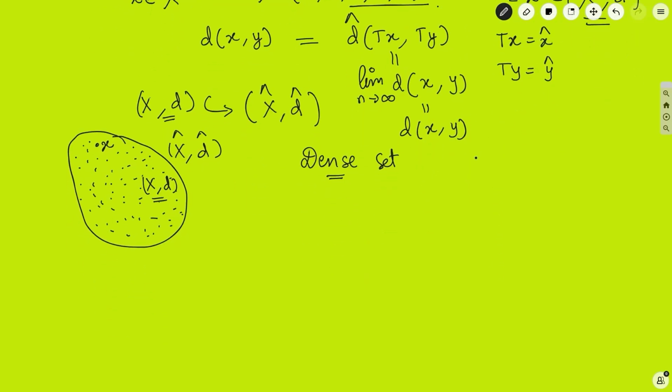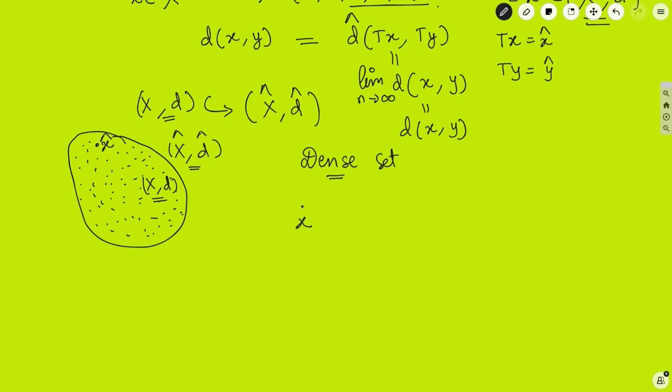Now, how do I prove that? All you need to do is pick any point from this space. Well, I should actually write x hat, because it's a space of all equivalence classes of Cauchy sequences.